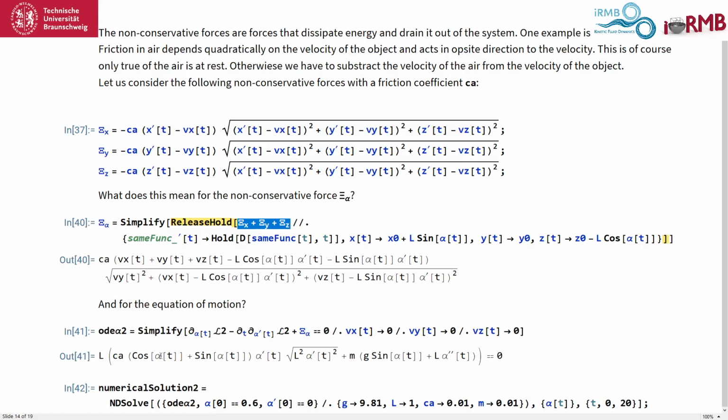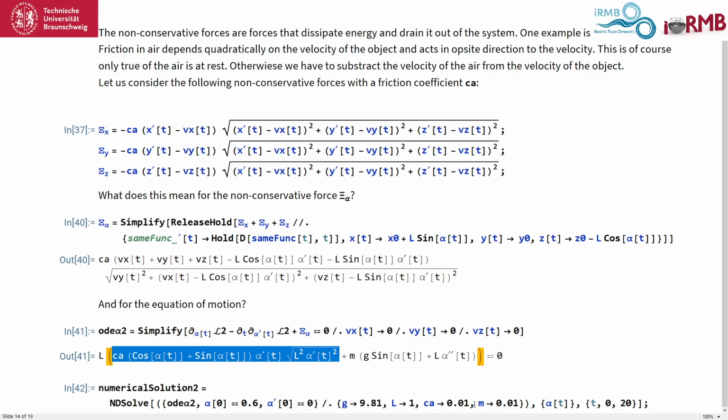Here is something related to what we had before, right? And this strange thing here, this is the track in terms of alpha. So simply let Mathematica do it, and then we take the numerical solution.